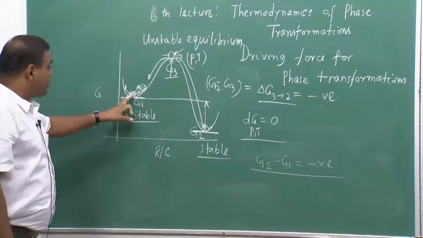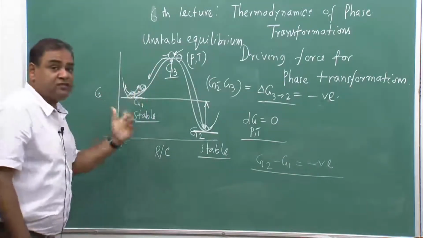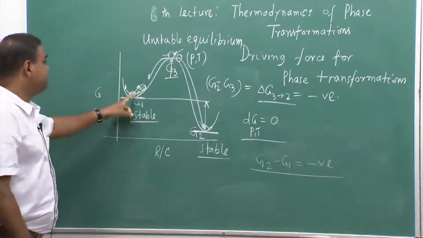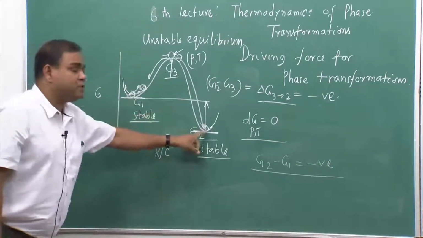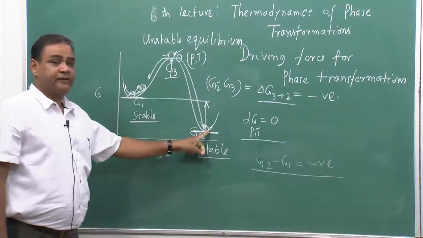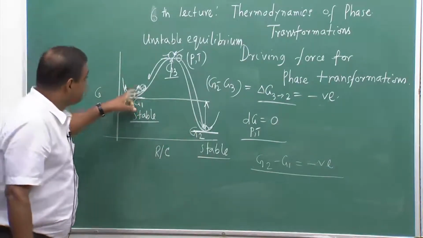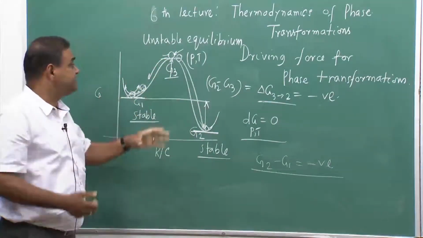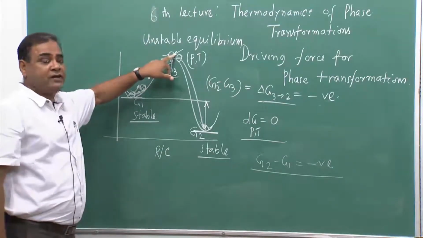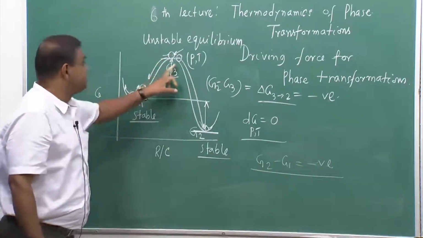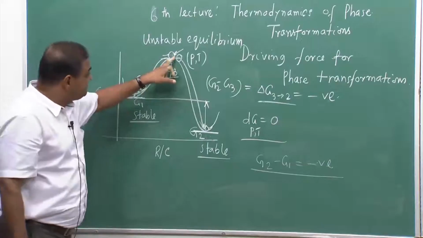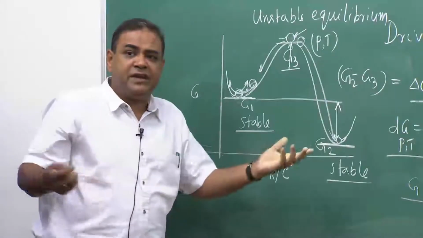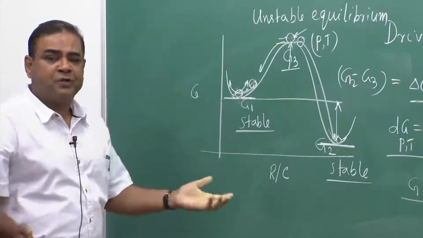Rather, in order to find whether the process would take place or not, the process means the ball goes from this point to this point. This ball has to be given sufficient energy to go to this particular point. That means it has to go from G1 to G3 first, and then we can give a little push, and then from G3 to G2 it can go on its own. So, spontaneously it can go.